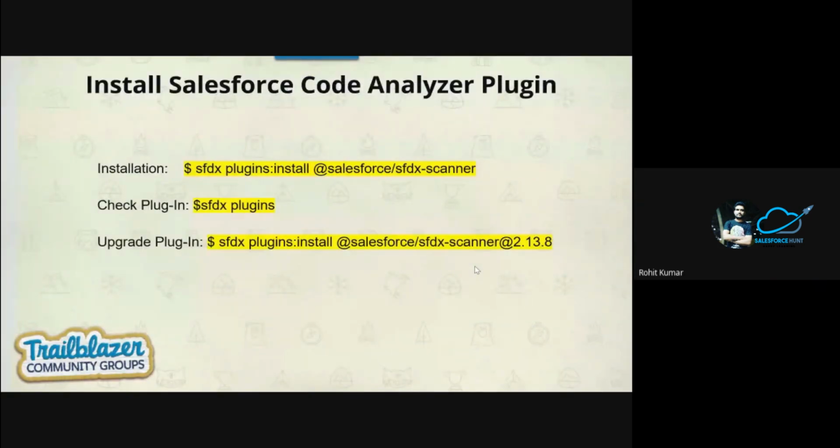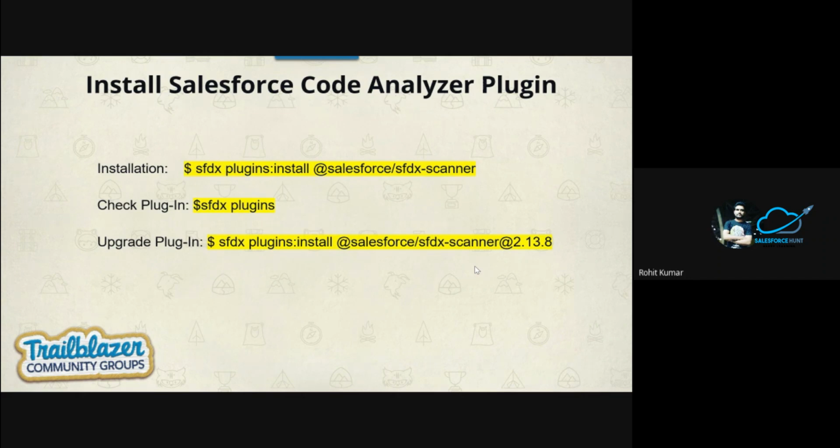So here you can see how to install this Salesforce Code Analyzer plugin under Salesforce. So if you are using VS Code, well and good, because VS Code is open source and lightweight and a cross-platform IDE. You can use any platform, Linux, Mac, and Windows based on your need.